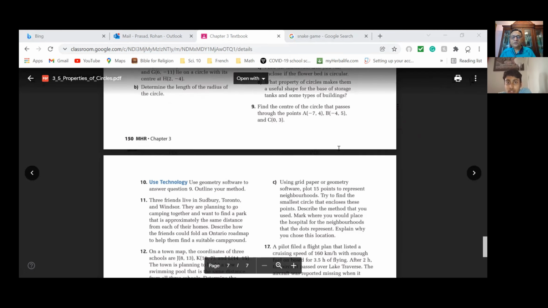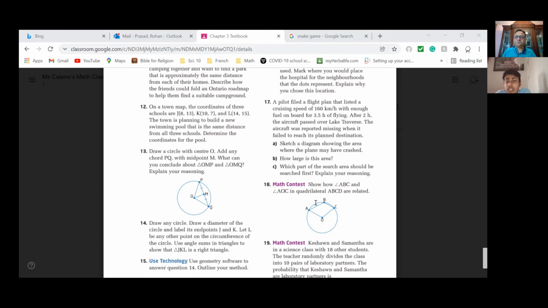Now let's go to question number 17. Looks pretty long. Let's see how it is. A pilot filed a flight plan that listed a cruising speed of 160 kilometers an hour with enough fuel on board for 3.5 hours of flying.